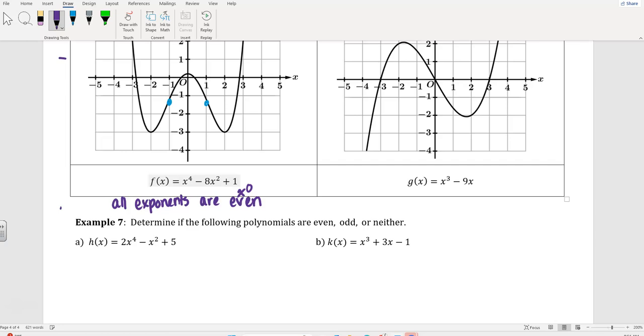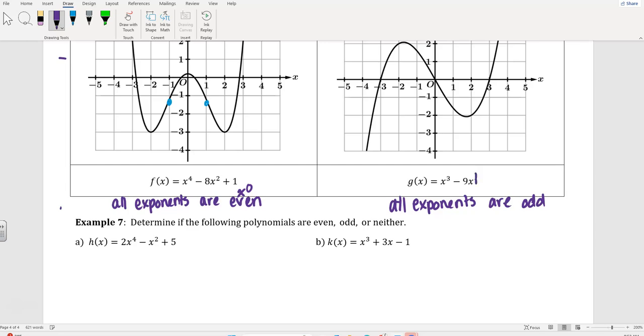For the odd functions, all exponents are odd. Okay, now on this one, I've got x to the third minus 9x. This x does not have an exponent with it, but what exponent would it have if we wrote one in? 1.